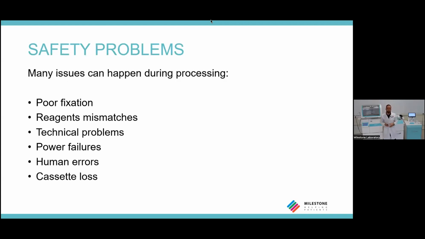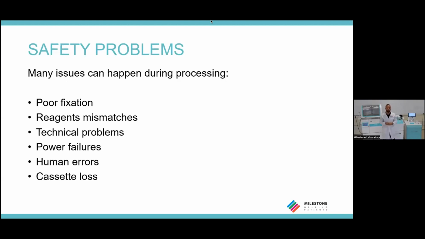There could be technical problems due to machine malfunction or power failure due to a current drop. There's the possibility of human error due to inattention, or a cassette loss during transport, movement from grossing to processing step. Human error, as you well know, is always around the corner.